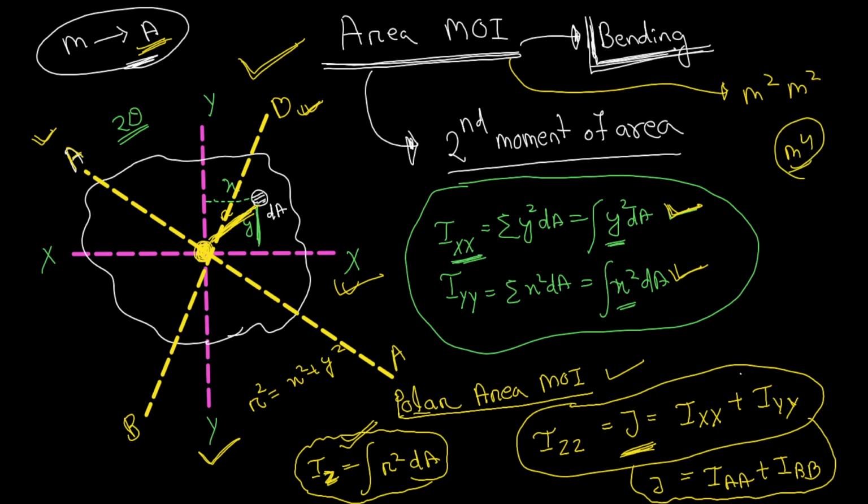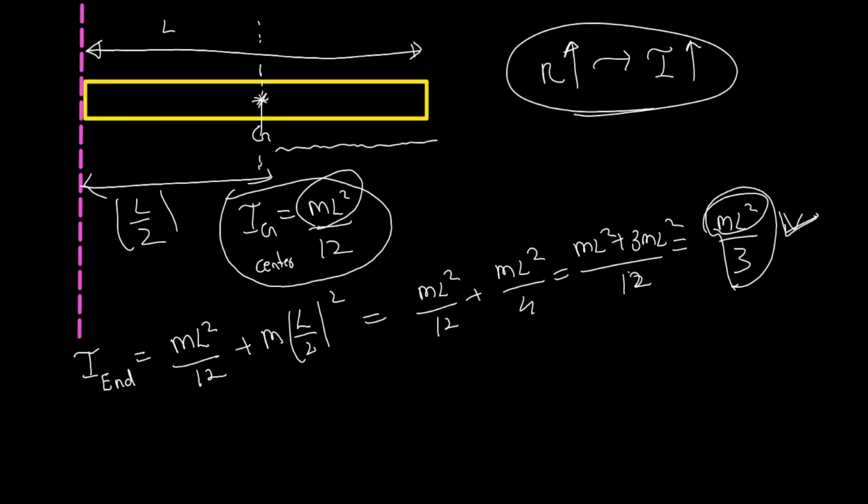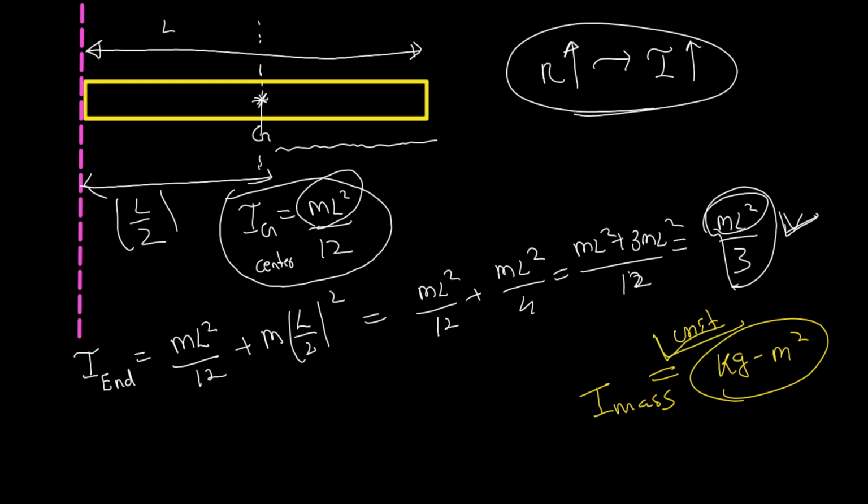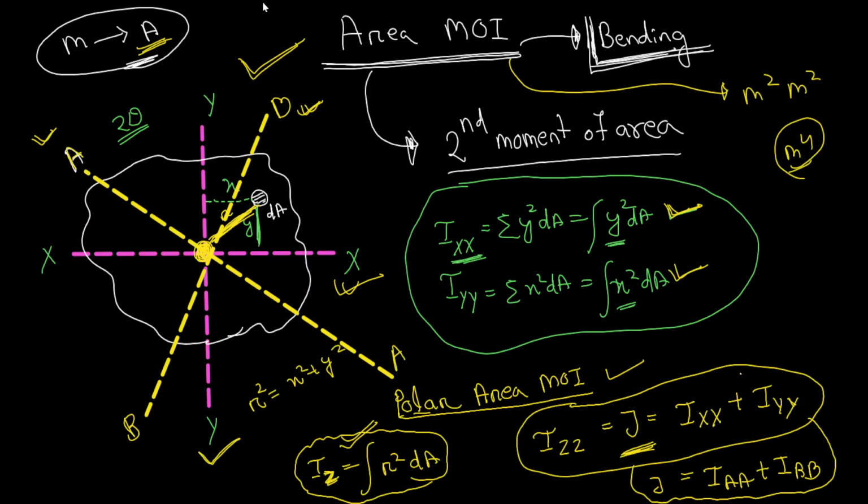But mass moment of inertia has the unit kg meter square. The units may be asked as a one-mark question. So this is the concept behind area moment of inertia.